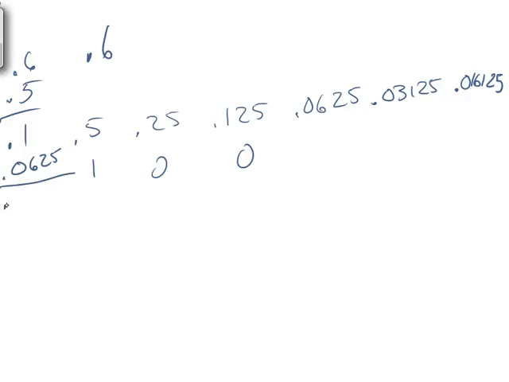And that gives me, let's see, let me do it the right way. All right, so let's see, it'd be 0.0375. So I can't subtract out, I'm sorry, I can subtract out a 0.03125.